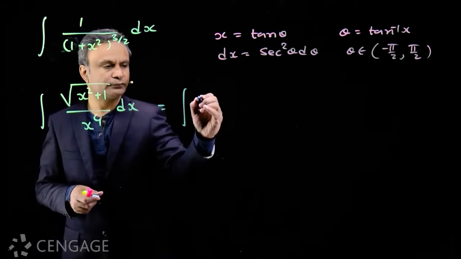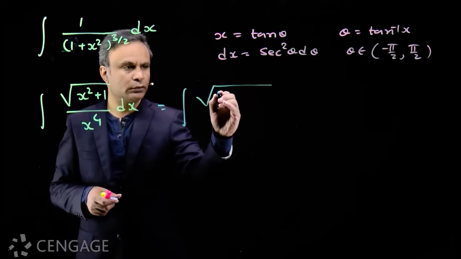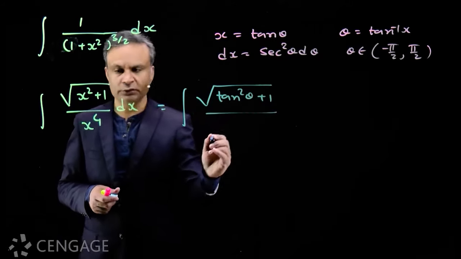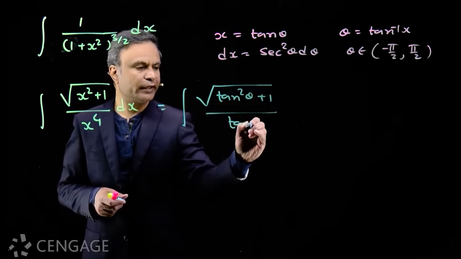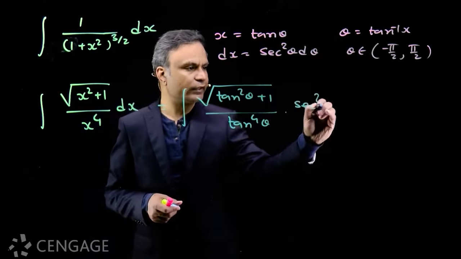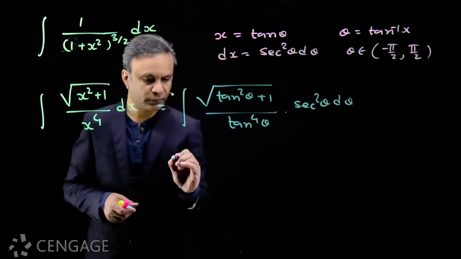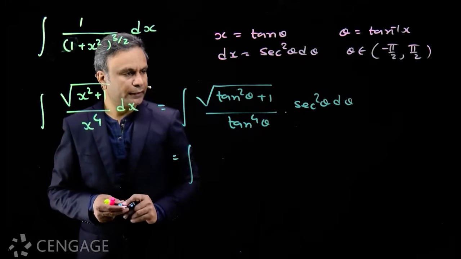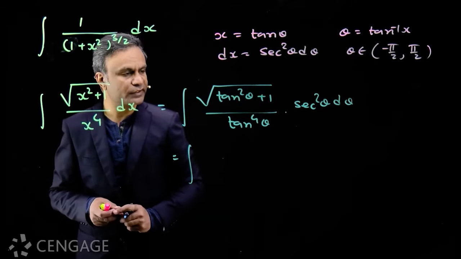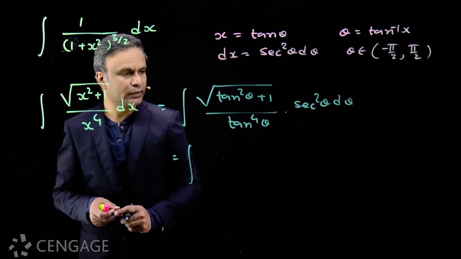We have root (tan square theta plus 1) upon tan power 4 theta multiplied by dx, which is secant square theta d theta. Now 1 plus tan square theta is secant square theta, and root secant square theta is secant theta.